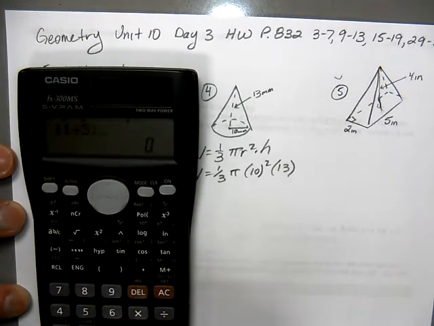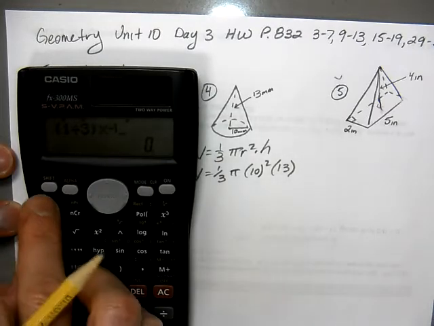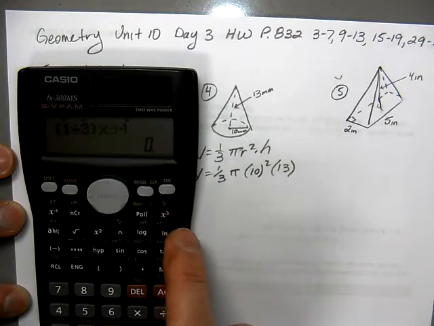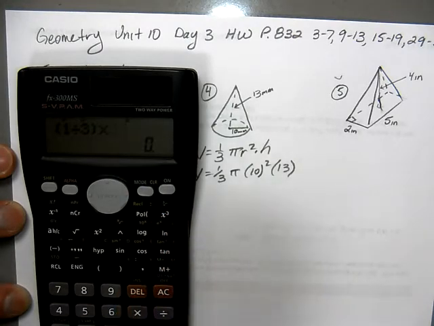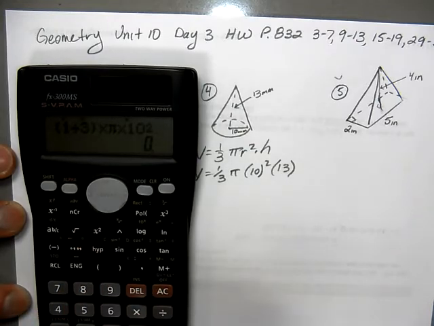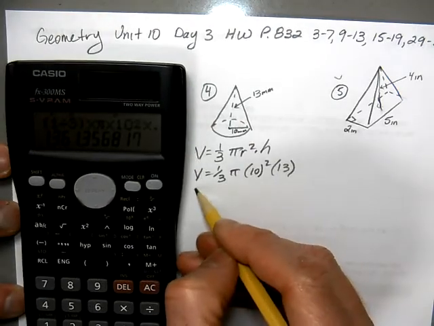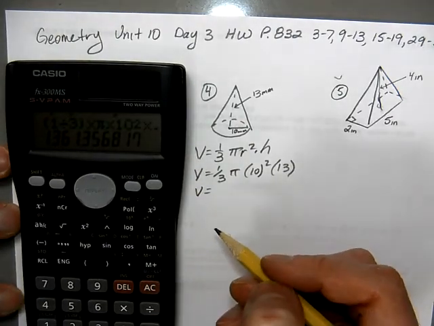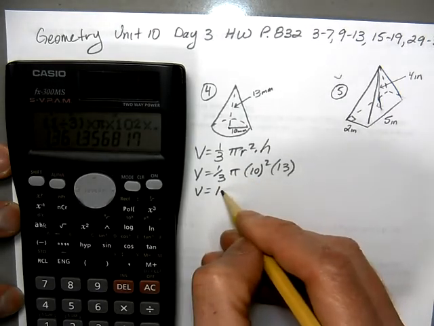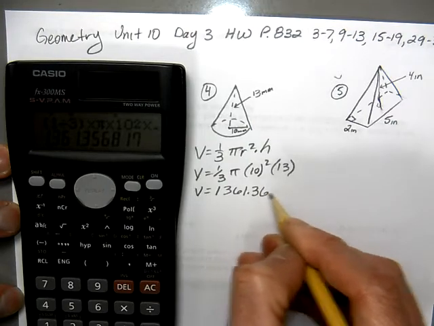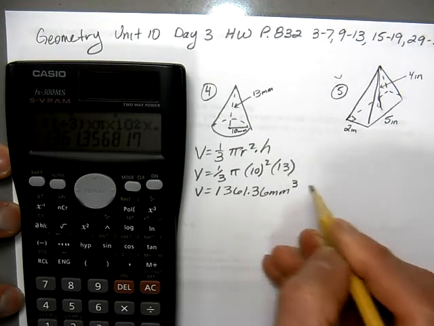So 1 divided by 3 times pi times 10 squared, which is 100, times 13. So our volume is going to be 1,361.36 millimeters cubed.